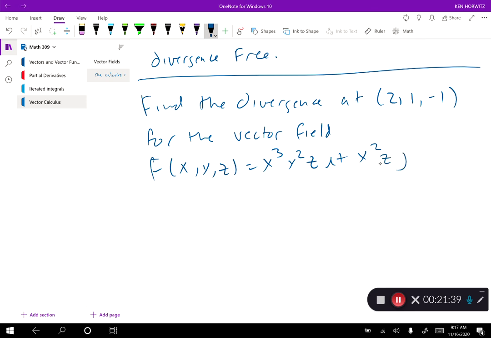All right. So I need my partial with respect to x, partial with respect to y, partial with respect to z. Excuse me, I also have plus x squared y k.